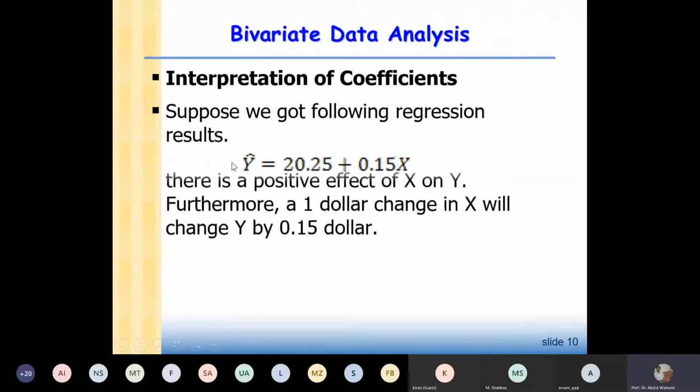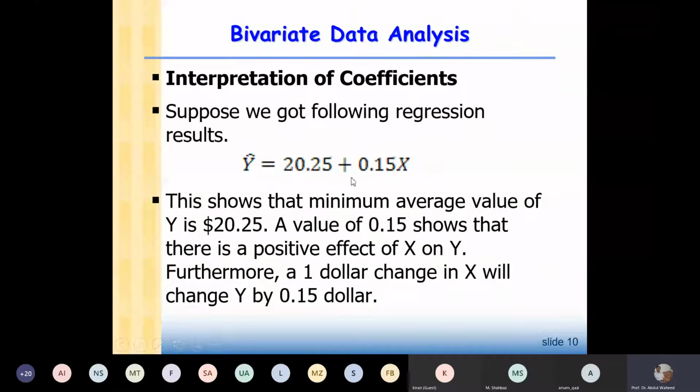Then next, suppose we got this equation, 20.25 and 0.15. This shows that when x is 0, the average value of y is 20.25.